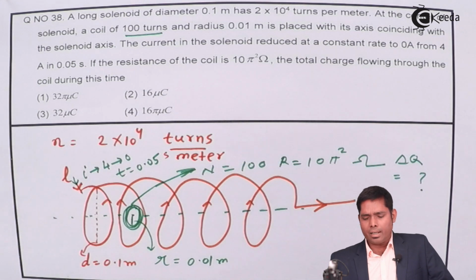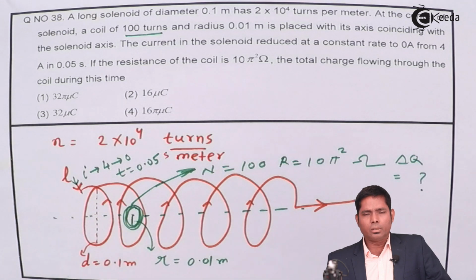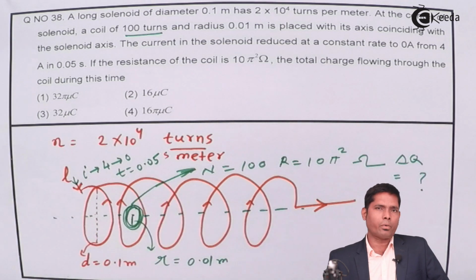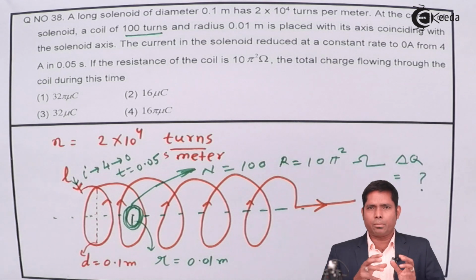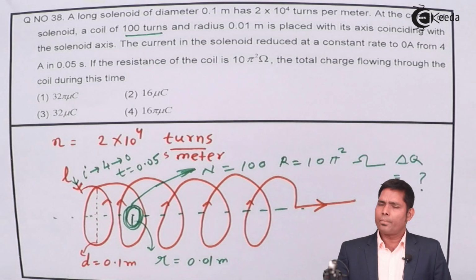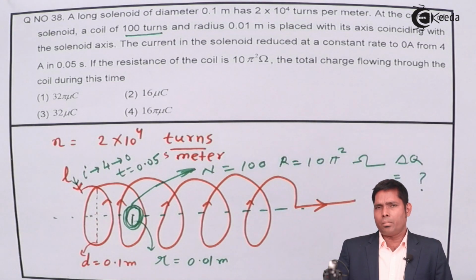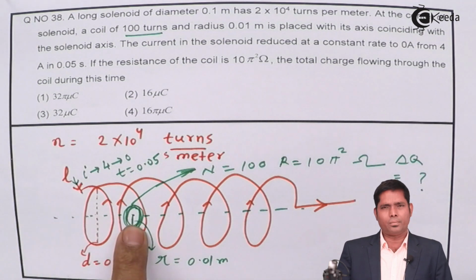The situation is that in the solenoid, the current is reducing from 4 to 0 in 0.05 seconds. During that time, for the coil with 100 turns placed inside the solenoid, there will be a change in the magnetic field through this coil.